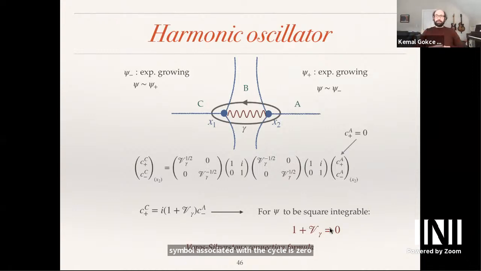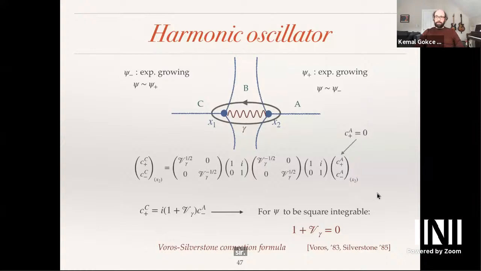So this is an example of a connection formula, and this is called the Voros-Silverstone connection formula. And basically, this is the prototype of the exact quantization procedure that also applies to other potentials and so on. So this was the work by Voros and Silverstone.